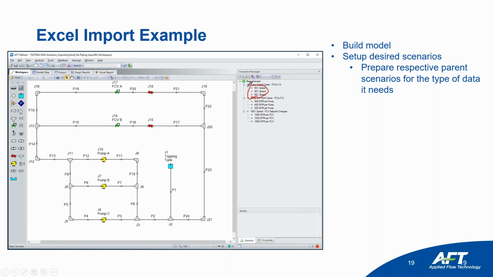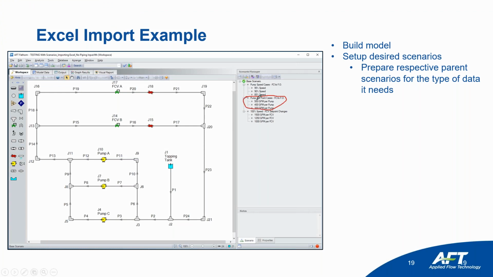What I had to do is double click and load this parent scenario, and instead of using 100% speed, I'm going to import Excel changes to automatically update the speed for each of those pumps in those three scenarios. Okay, now your pumps are naturally going to be set to 100% speed by default. So when I created that first scenario tree, I didn't actually have to do anything. But in the next scenario tree, I did.